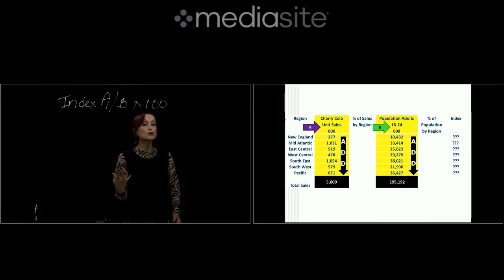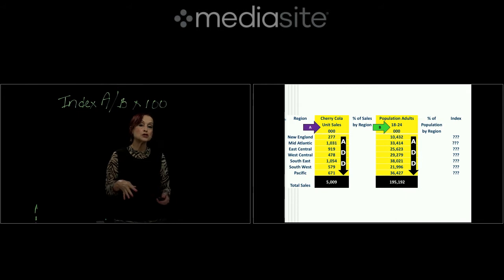So we're going to set what is called a regional BDI for cherry Coca-Cola for consumption among adults 18 to 24 in various regions. Remember that the same analysis applies to category data, meaning how well the sales in the category of soft drinks, rather than just cherry cola, which would be a BDI, is doing within a specific demographic and allocated by region. So let's understand the numbers.